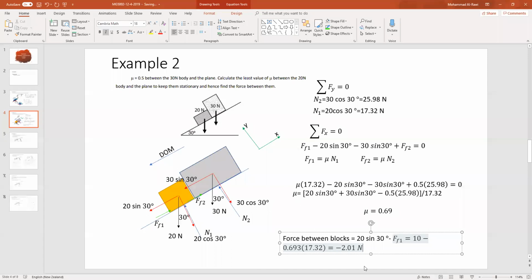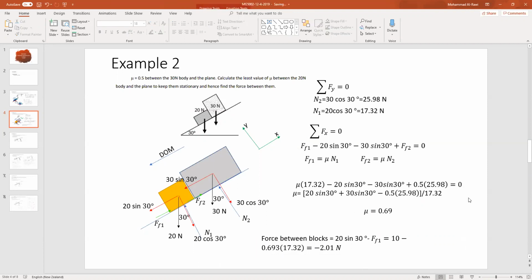Do you agree with this answer or do you disagree? What's your preference about this answer? Guys, can you see what I'm displaying here or not?